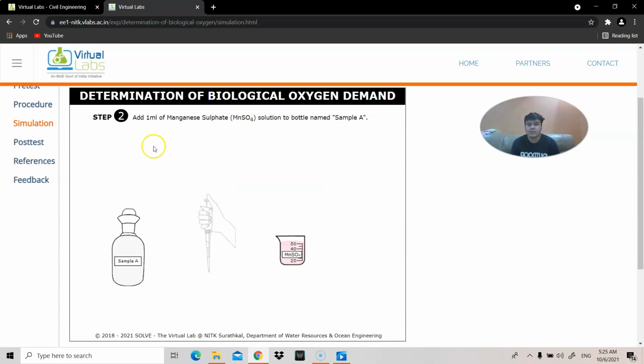Next, step 2. Add 1 ml of manganese sulfate, MnSO4 solution to the bottle named sample A. Care should be taken to avoid bubbles. Next, step 3.